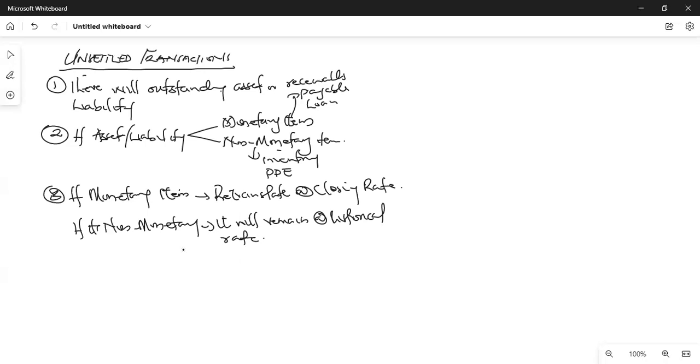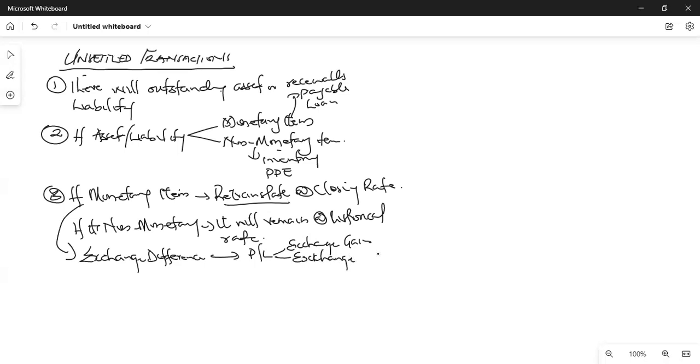Now, if we go through and retranslate, any exchange difference, like what we just did, will go through the P&L as exchange gain or exchange loss, just as we just went through.